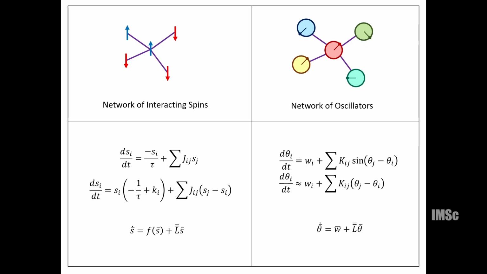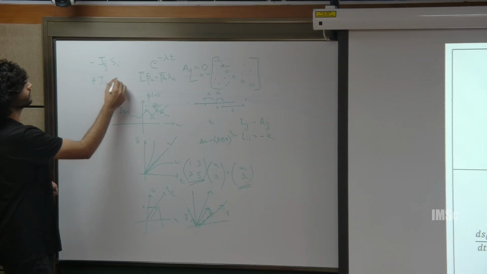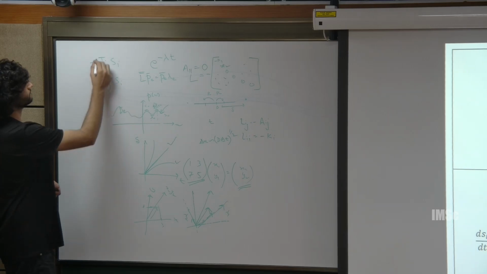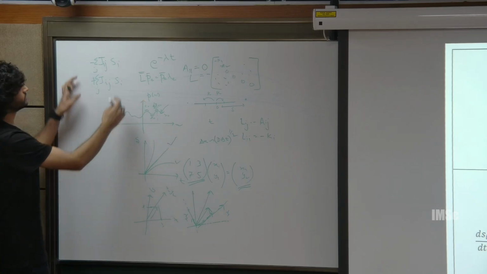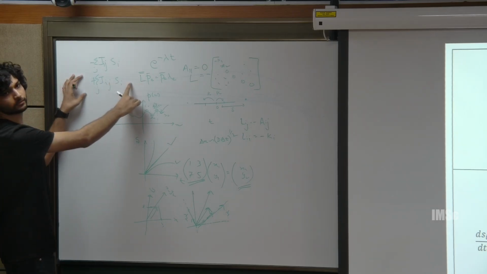Right, so here I'm basically just doing this. Take the first equation and just subtract this and add this, right? Nothing changes. I'm subtracting and adding the same term.